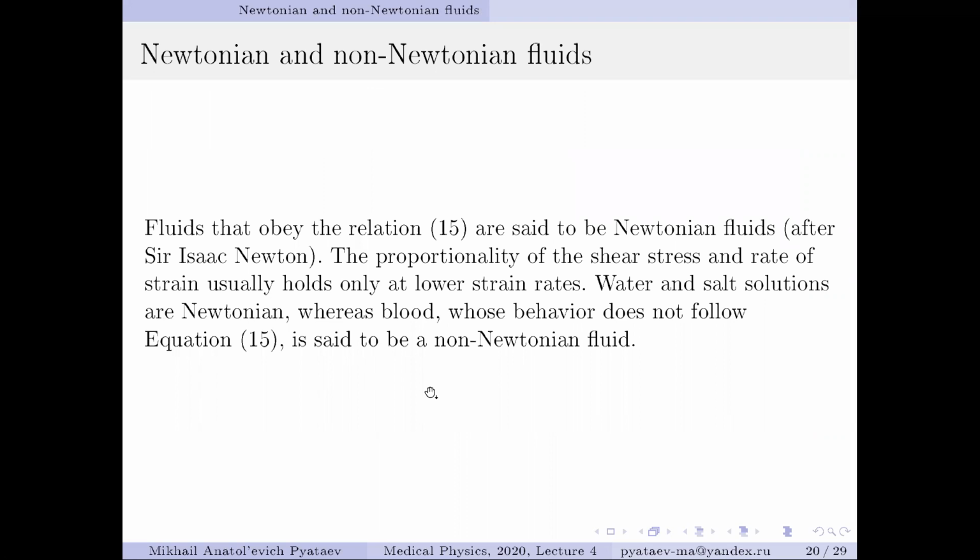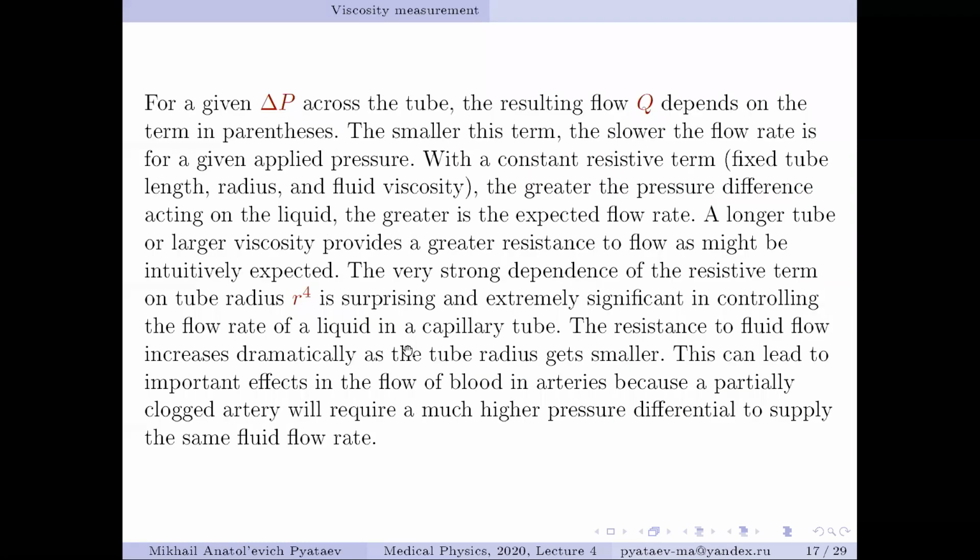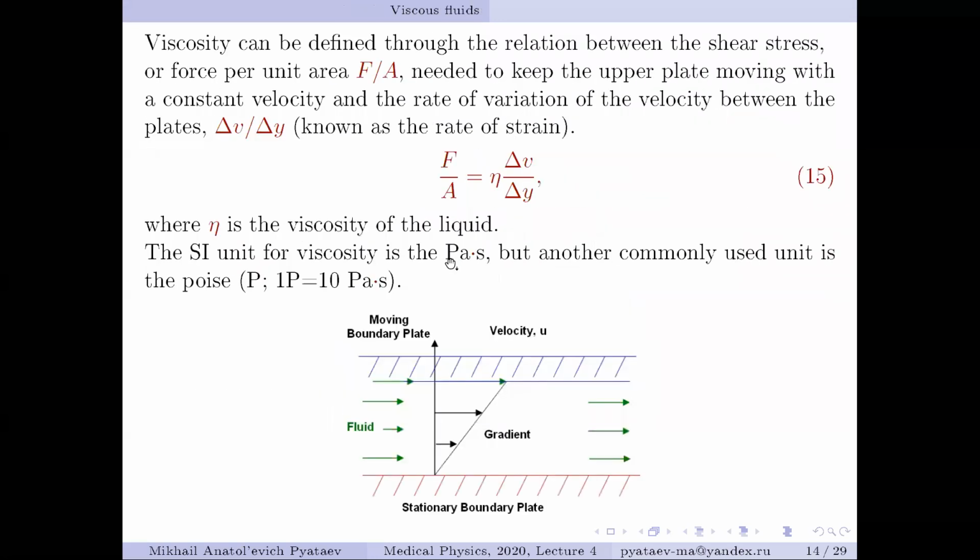Newtonian and non-Newtonian fluids. We have discussed viscous fluids, and they are those fluids for which the force is directly proportional to the rate of strain. But this does not always take place.